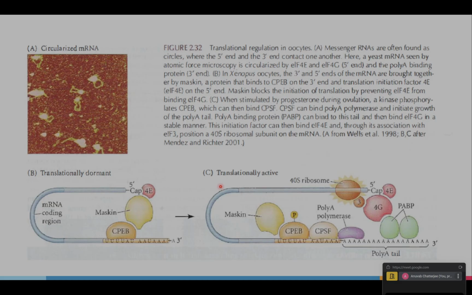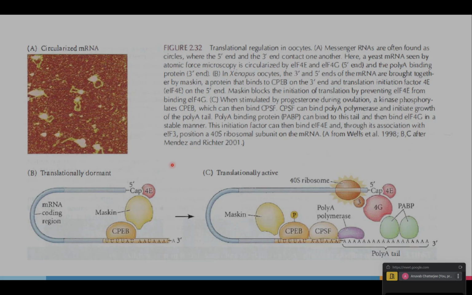But when this mRNA has to become active and start translating, a different protein known as PABP, poly-A tail binding protein, binds to the poly-A tail. No, first what happens is that there is this protein called CPSF which comes in, phosphorylates CPEB, which moves maskin out of 4E.